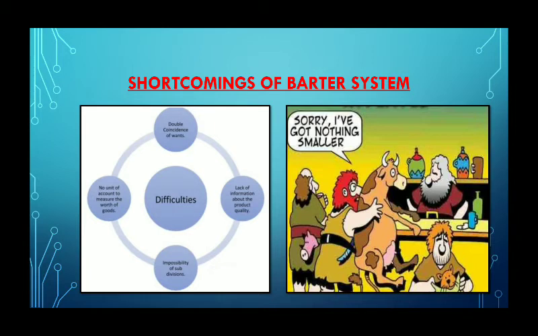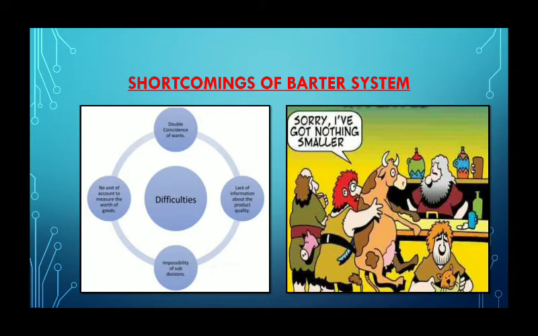The person is selling a soft drink, but a person who is having a cow cannot divide a particular part of the cow and give it to that. So subdivision of big animals or big products was not possible. So in that way the system failed.